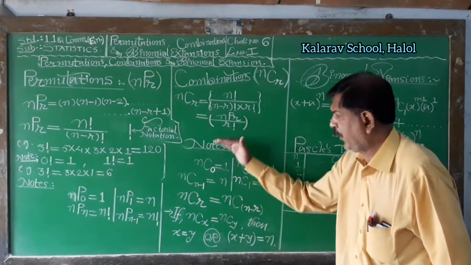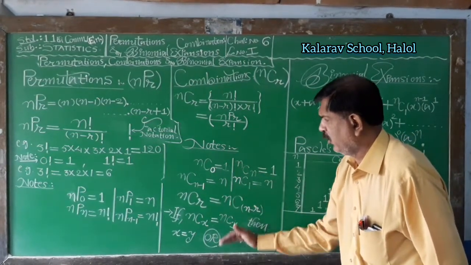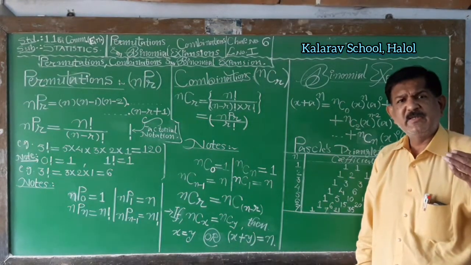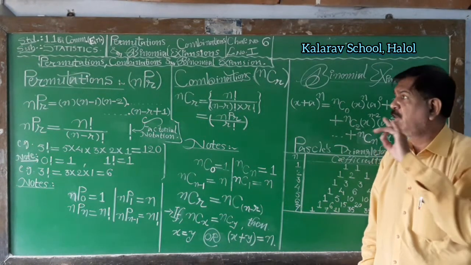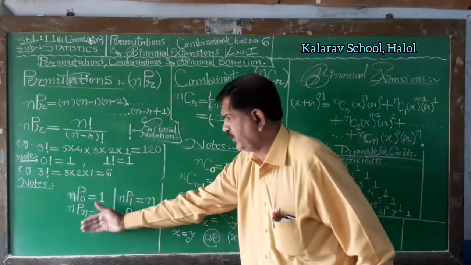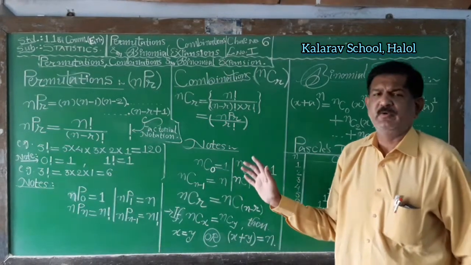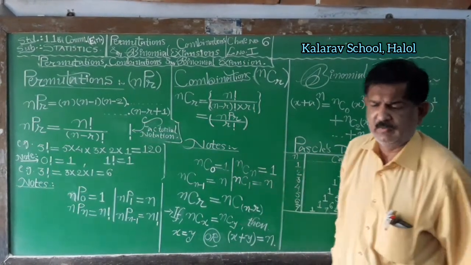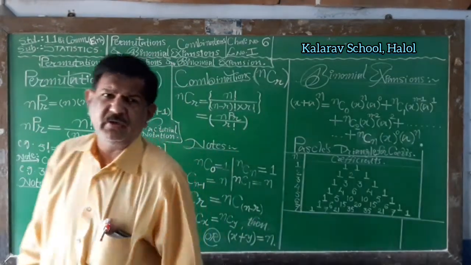These are the important results for combination. Permutation means arrangement, combination means selection. Here order is important, here order is not important, right? Order means arrangement order.